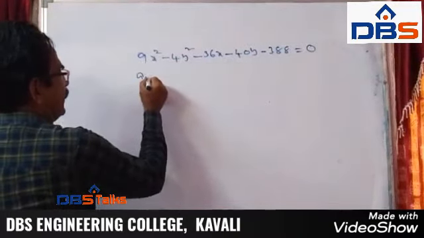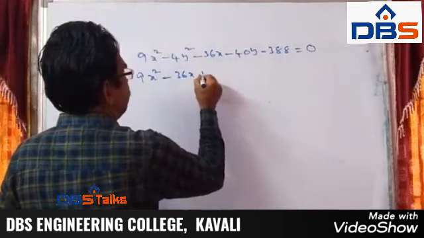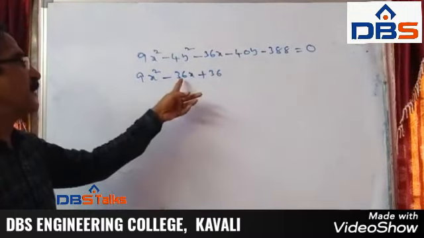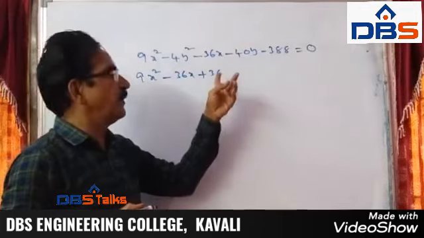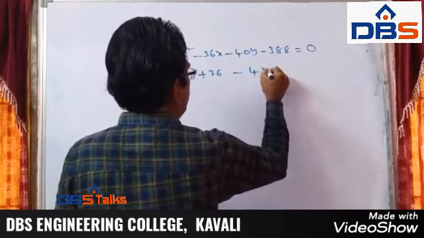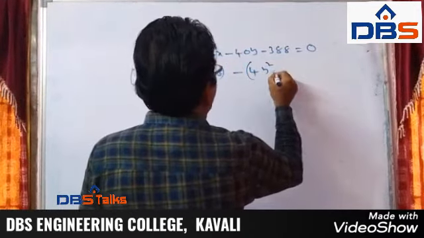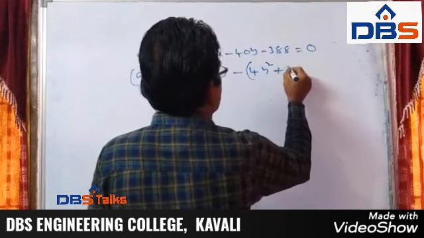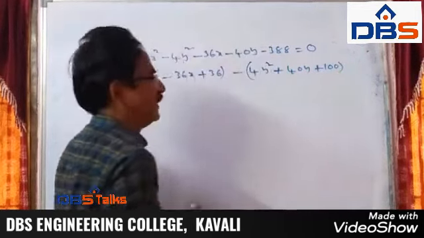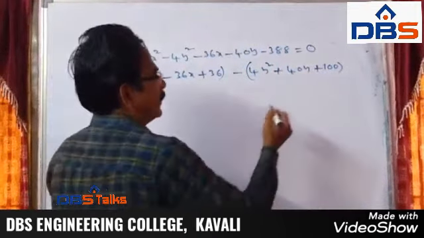So 9x square minus 36x plus 36. Then minus 4y square minus plus 40y plus 100: the 2a term is 40, so b is 10, and b square is 100.